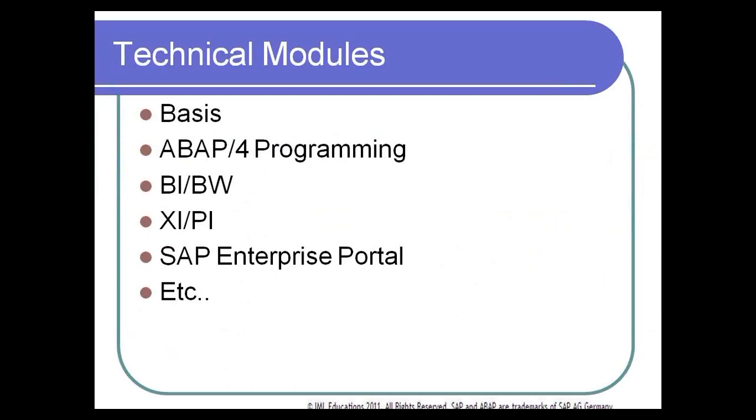Then if you want to develop web applications, we have the Enterprise Portal. EP is one module in SAP where you can use Java to develop your web applications. Since 6.0, SAP has supported WebDynpro ABAP, so you can develop web applications even using ABAP now. So we no longer need the portal.